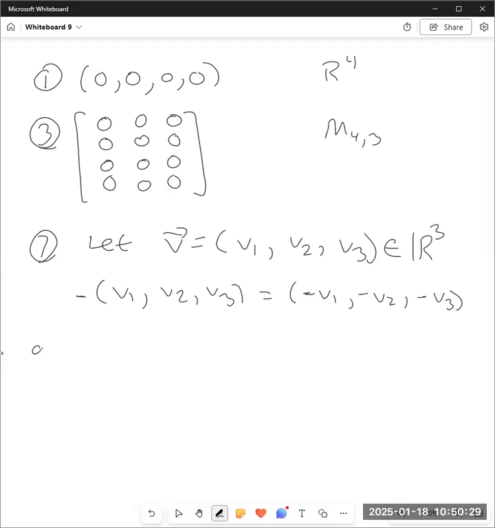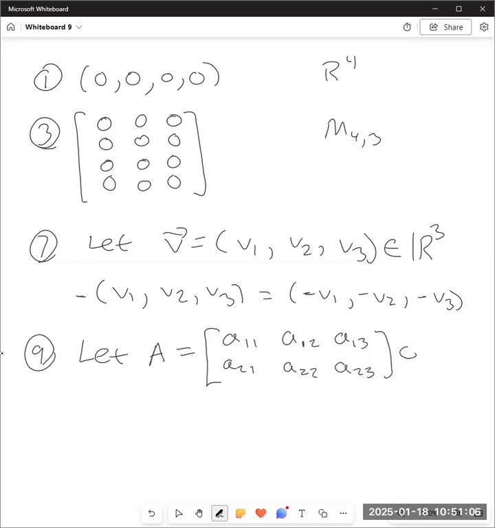Number 9 asks us to find the additive opposite for a generic 2x3 matrix. So let A equal A11, A12, A13 in the first row, and A21, A22, A23 in the second row, be an element of M2,3.